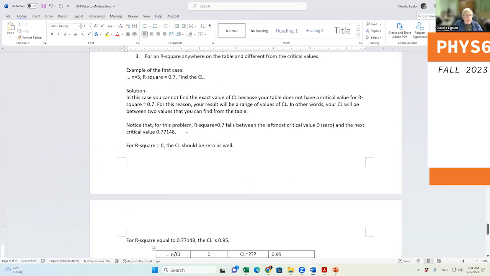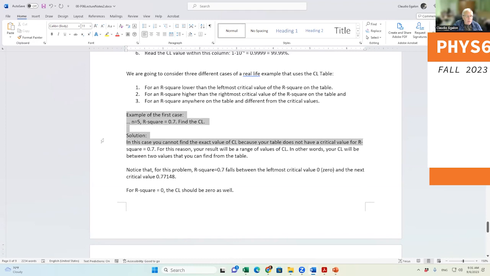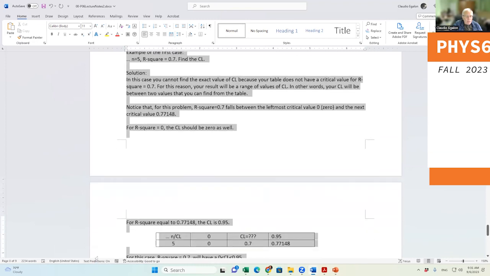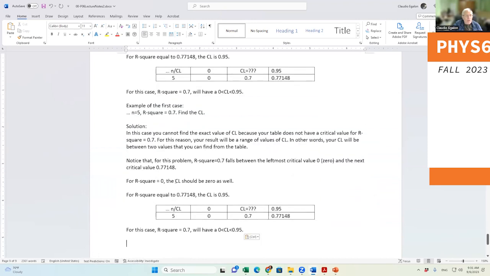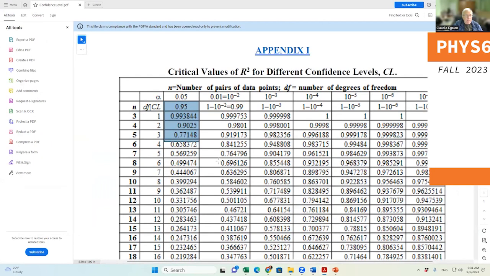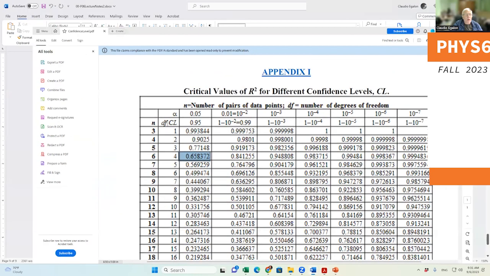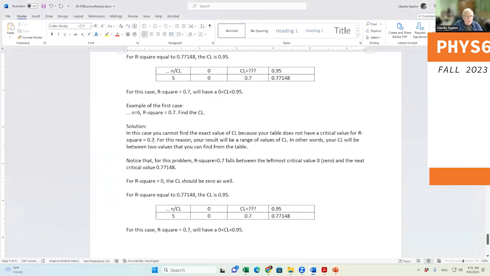Let's do another example of the same. All I have to do is copy and paste it and just change the numbers. Now consider the case of n equal to 6. Going back here, I'm going to take the case that R squared is not 0.7. We did 6 right in here. Now, you get an R squared in your experiment that's equal to 0.6.